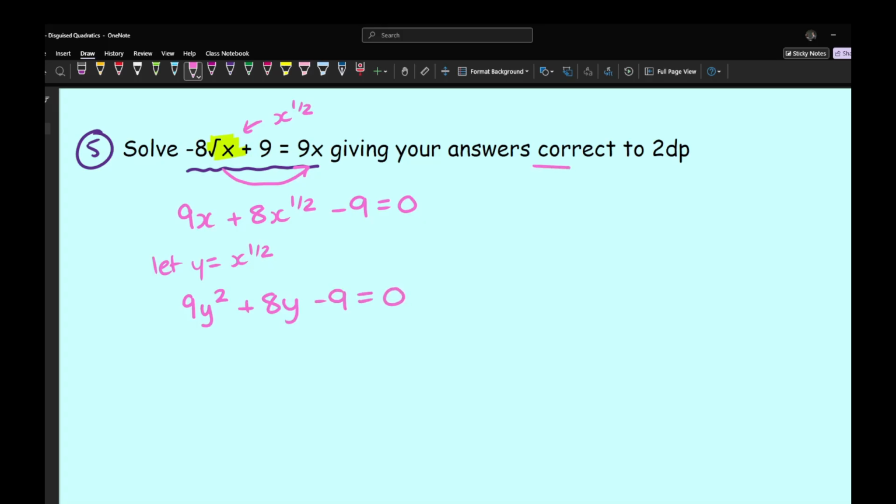The fact that it says give our answers correct to 2 decimal places implies that this does not factorize. So if I substitute that all into my calculator, I get a y value of 0.6498, and I get a second value of minus 1.5387.